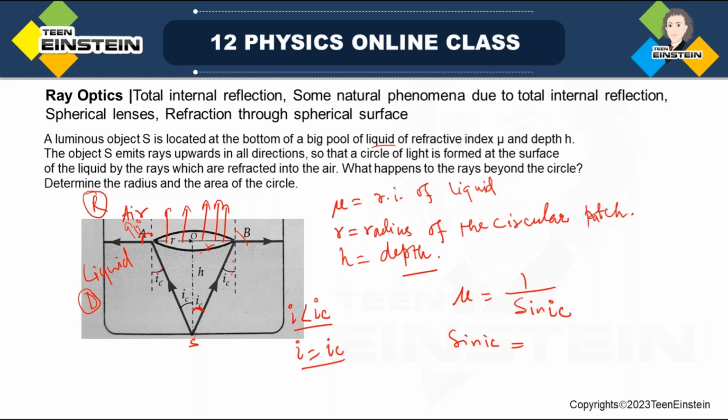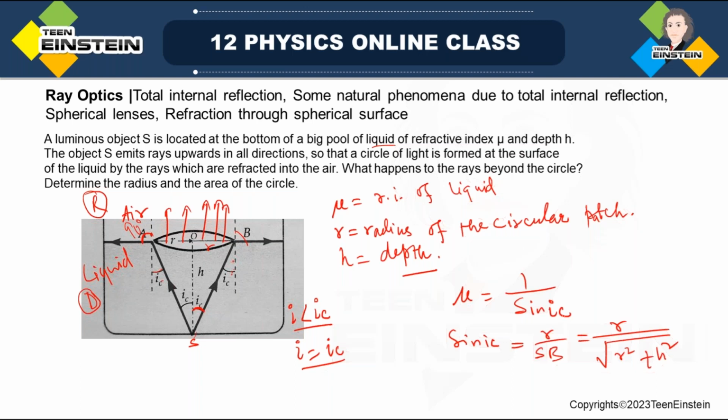Sine IC will be perpendicular by ASB, the hypotenuse. So hypotenuse will be square root of r square plus h square. So this is one thing we can find out.